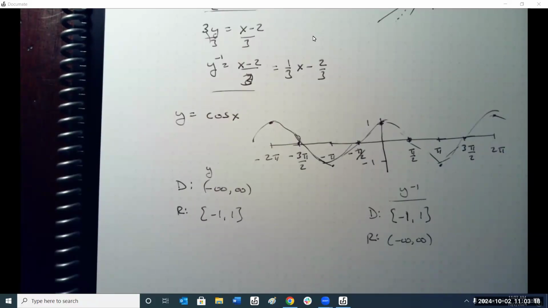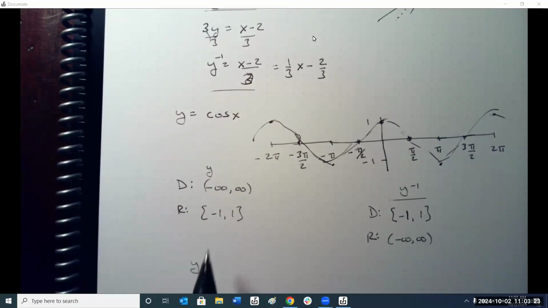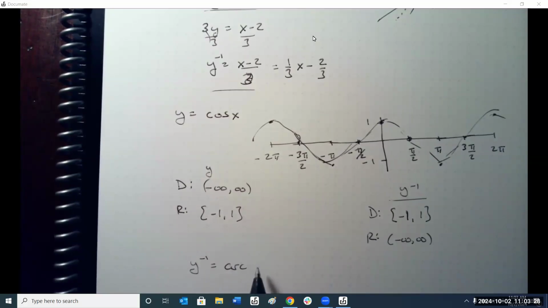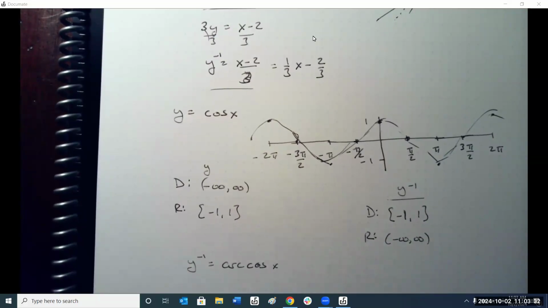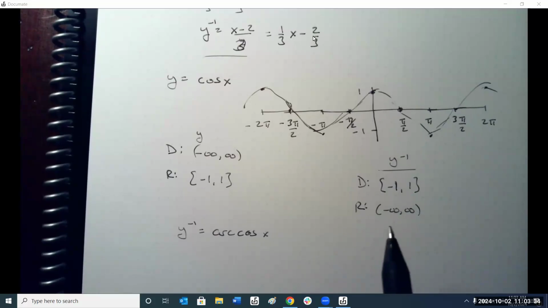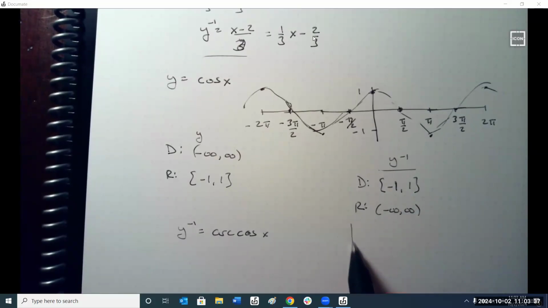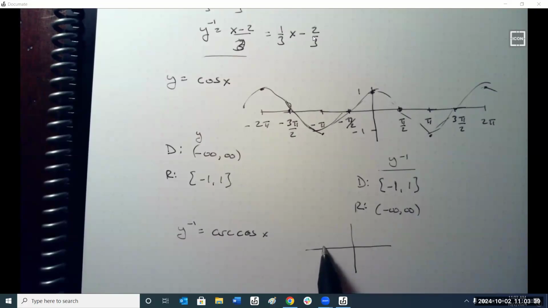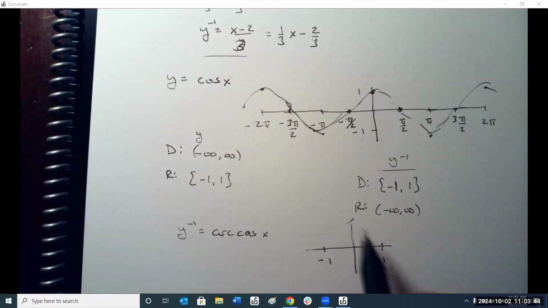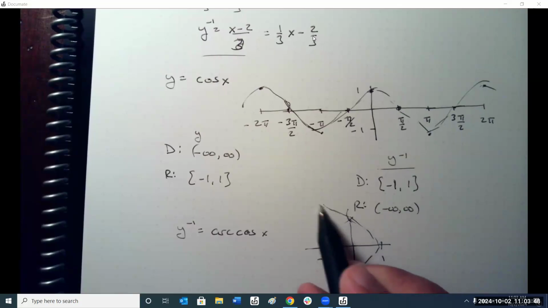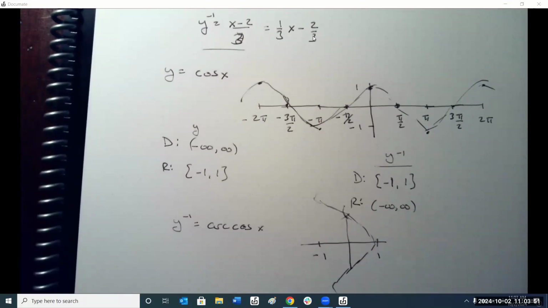All right, so what the inverse cosine function looks like, now we go from negative 1 to 1, and we do the same graph, but vertically.